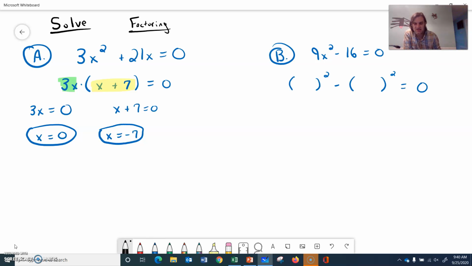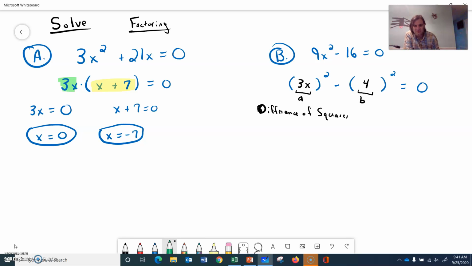And if we do, then we'll know how to factor it. So the first one is 9x squared can be written as 3x times 3x. 16 can be written as 4 times 4. So keep in mind that this right here is going to be our a and this is going to be our b in the difference of squares.